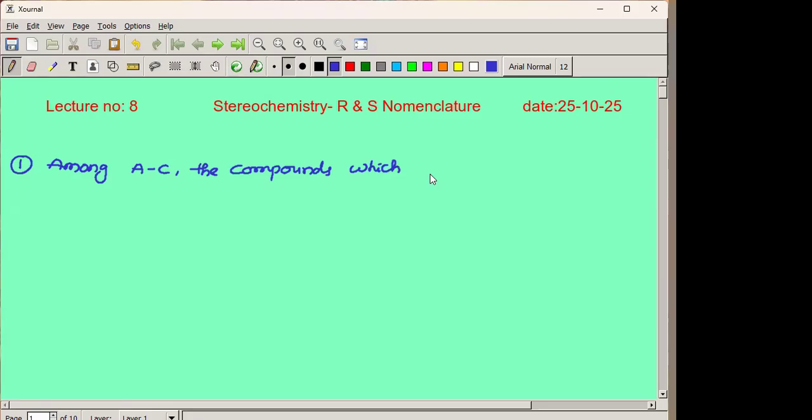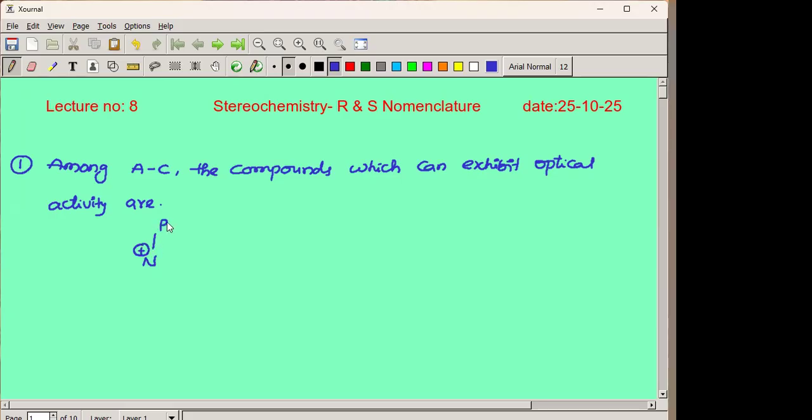So what is the criteria for optical activity? Chiral center, sir. Yes. So here there are 3 molecules. One is nitrogen with a positive center here.